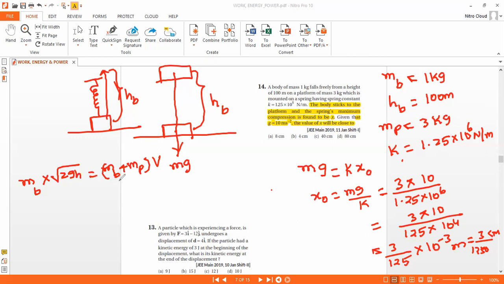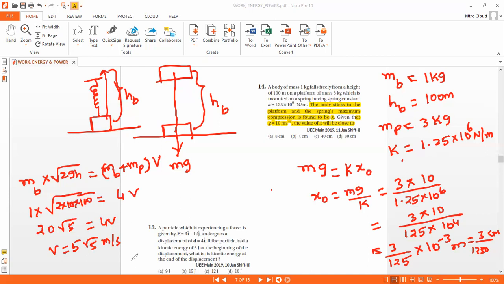So 1 into root 2 into 10 into 100 is equal to 4v. Here we'll get 20 root 5 is equal to 4v. So v is equal to 5 root 5 meter per second.